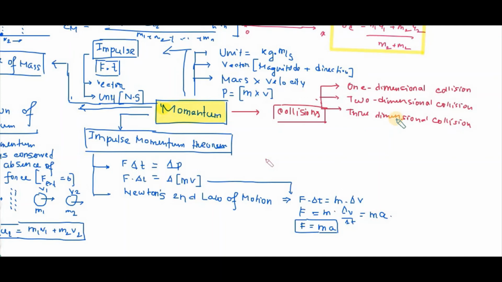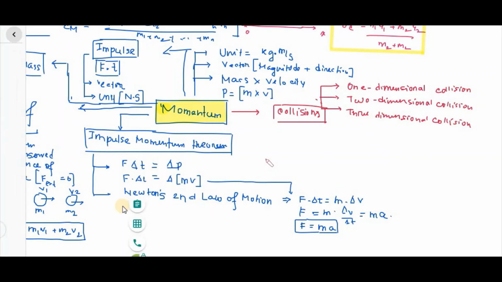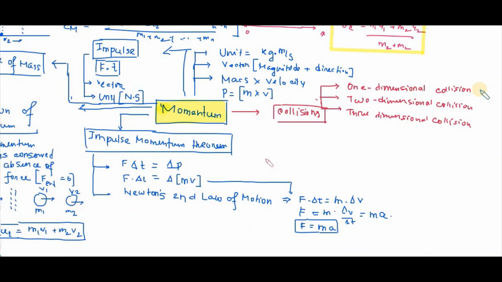Depending on the directions of the velocities before and after the collision, there are three types of collisions: one-dimensional, two-dimensional, and three-dimensional. But in this AP Physics 1 course, we only have one-dimensional and two-dimensional collisions.